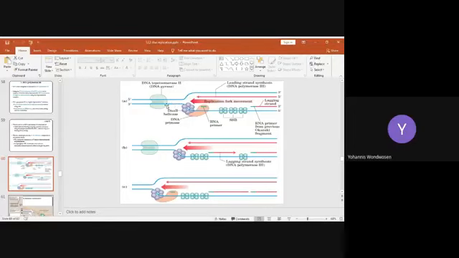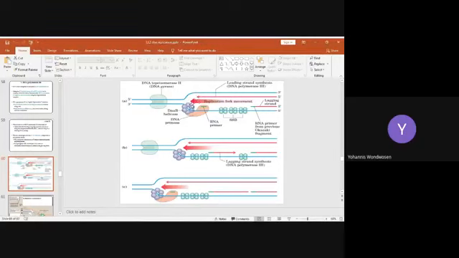So the DNA topoisomerase 2, or it has another name, the DNA gyrase. It can be used to prevent supercoiling, as we said.